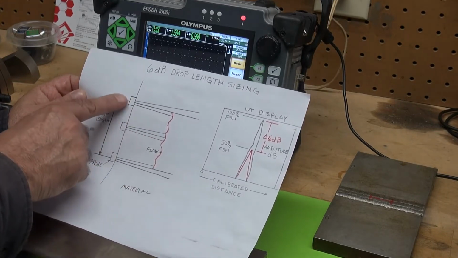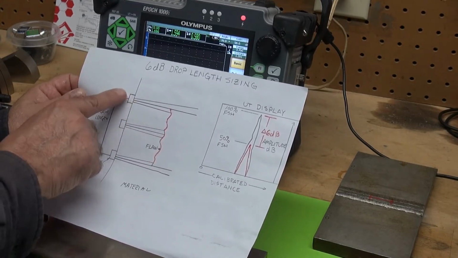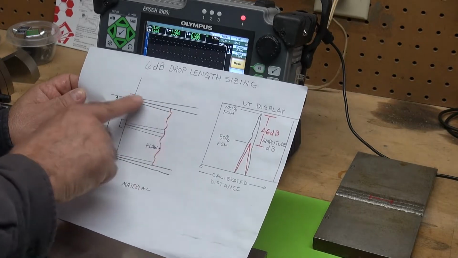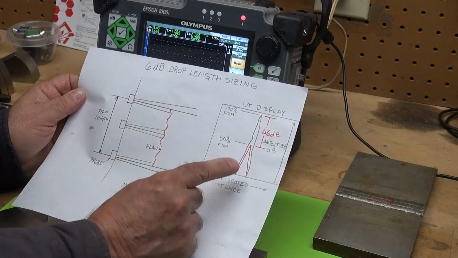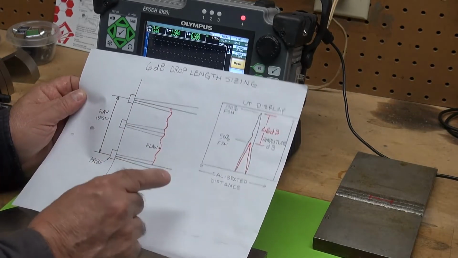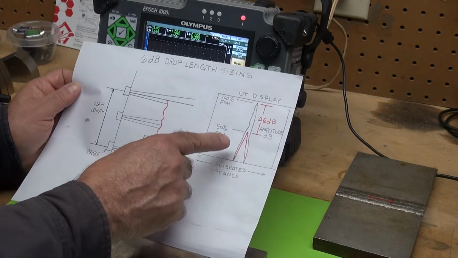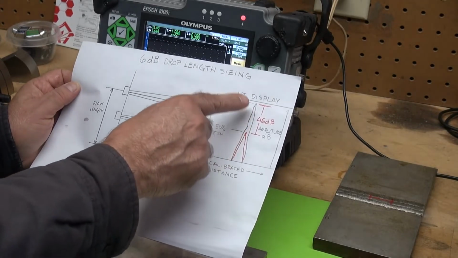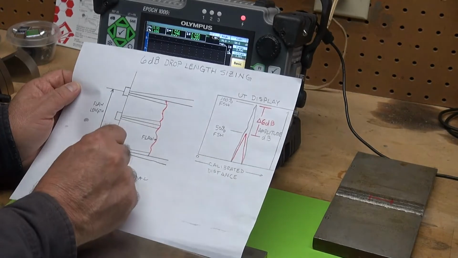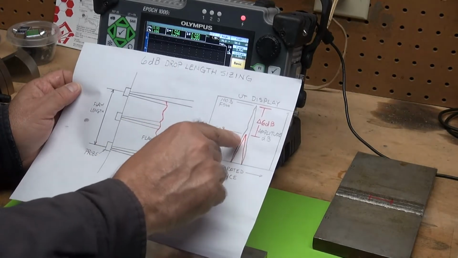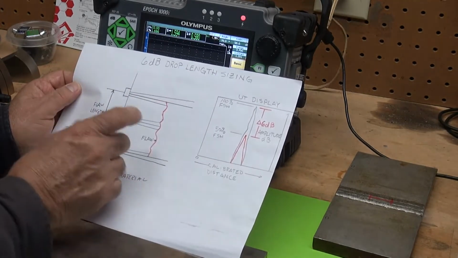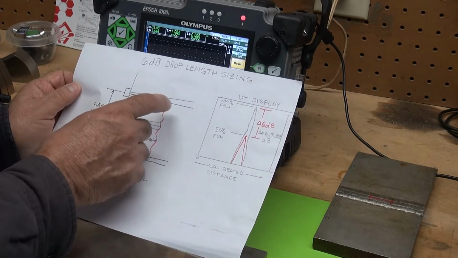Well, when half of our energy misses that defect, we get what they call a 6 dB drop. A 6 dB drop means that our amplitude will drop from 100% full screen height to 50%. Half of our amplitude, half of our energy is lost.